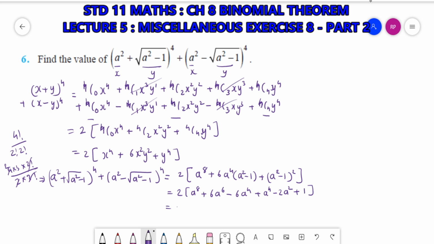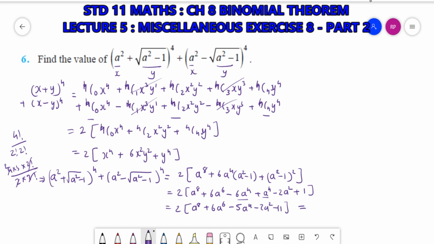This will be equal to a^8 + 6a^6 - 6a^4 + a^4, so minus 5a^4, plus, sorry, minus 2a^2 plus 1.